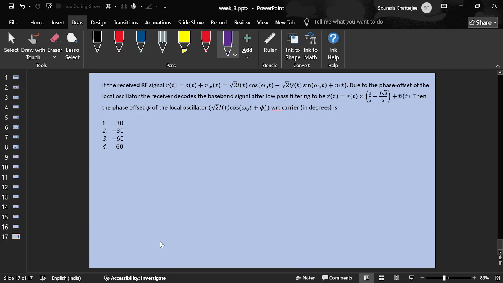What things do I need to do here? I have r(t) here, that is square root of 2 i(t) cos omega naught t minus root 2 q(t) sin omega naught t, plus some noise. So what is the next step I should do?